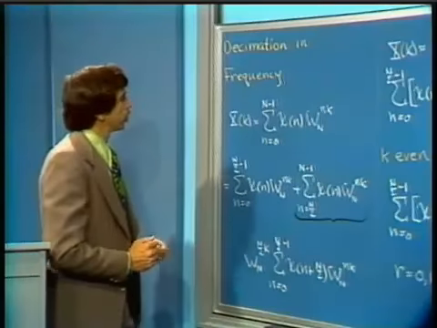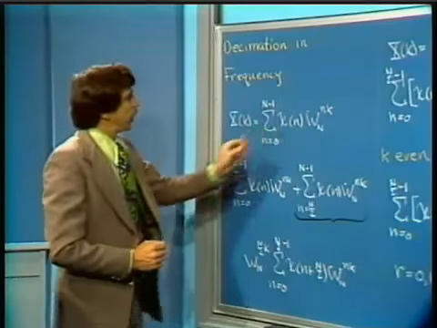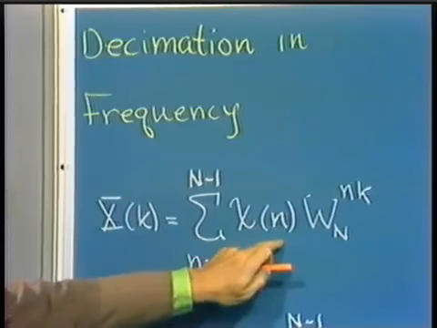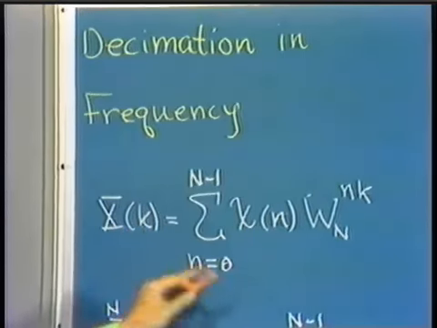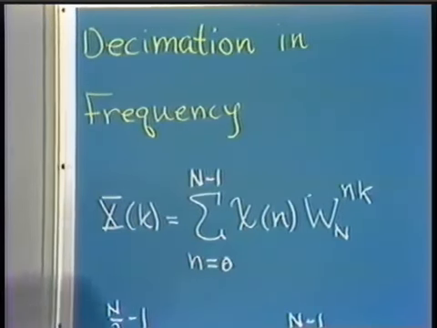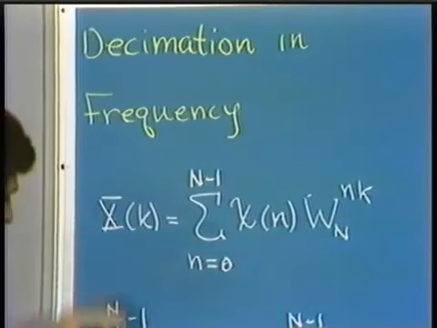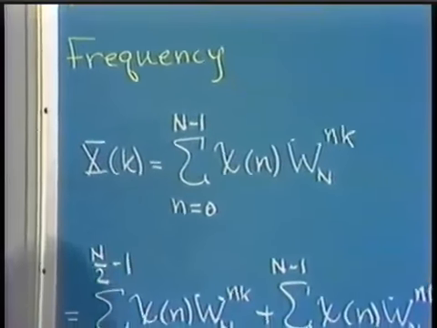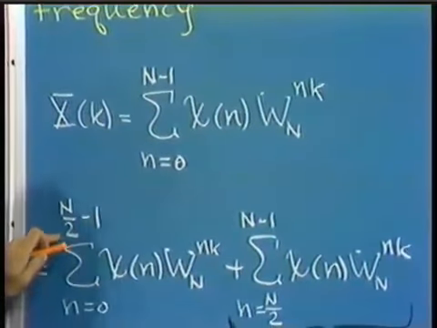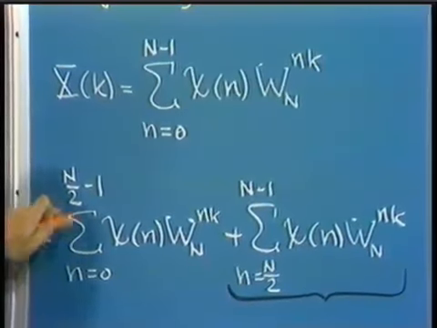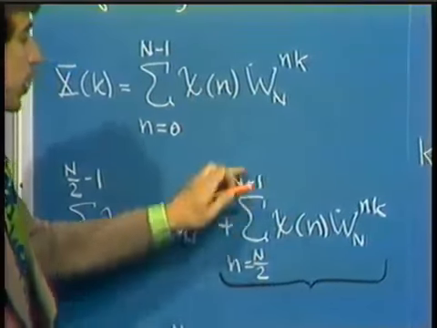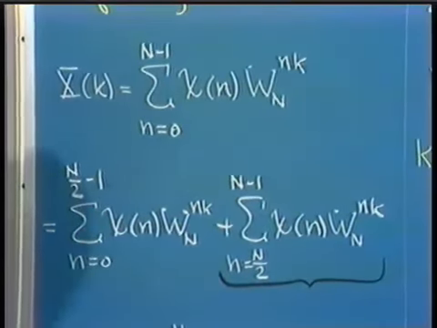In particular, let's look again at the general form for the discrete Fourier transform, X of k given by this sum. And let's consider decomposing this into a sum over the first half of the input points and a sum over the second half of the input points.